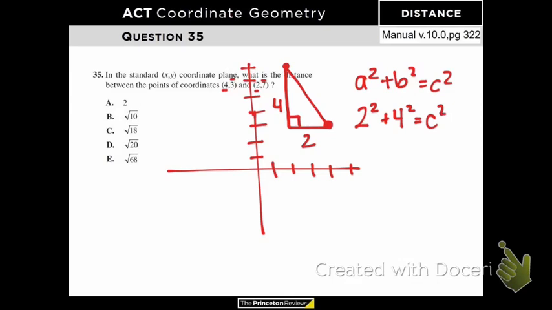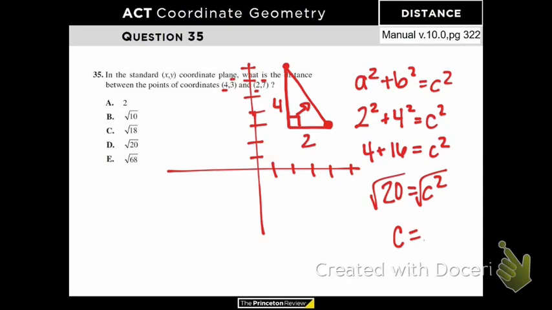Remember, c always has to be the hypotenuse, the side across from the right angle. So that gives me 4 plus 16 equals c squared, or 20 equals c squared. Take the square root to get root 20, and that's the distance between those 2 points. So my answer here is D.